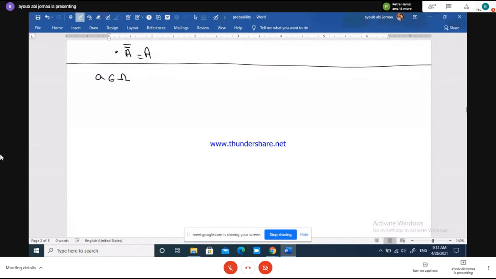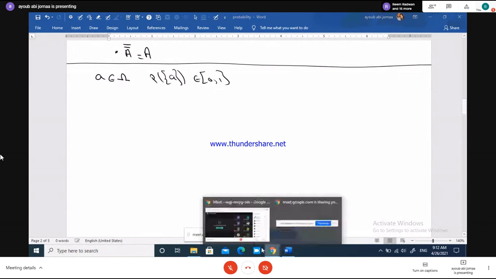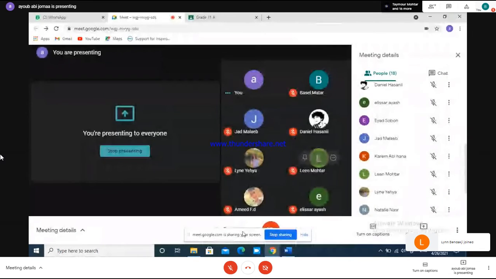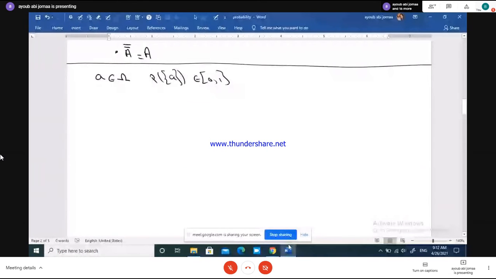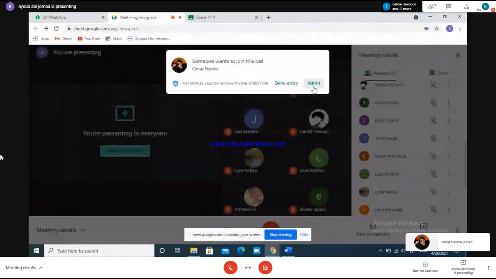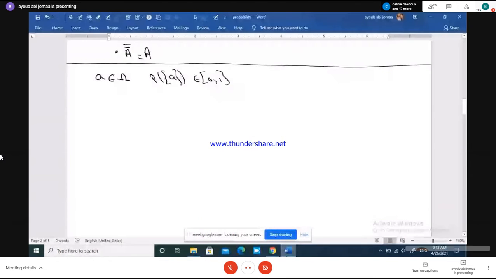We define the probability of A to be a number between 0 and 1, which represents the chance that this outcome will occur, or this event A, the elementary event A, will occur.